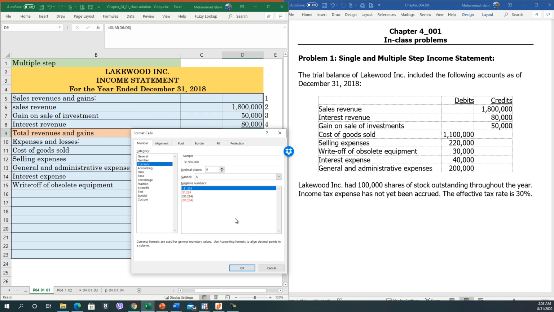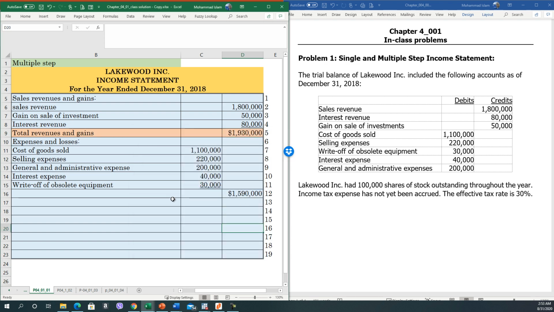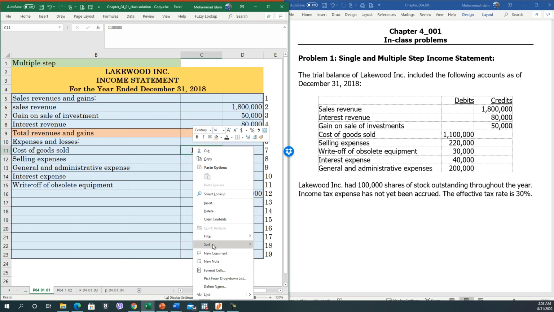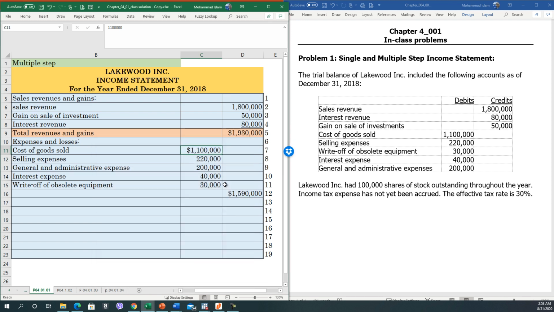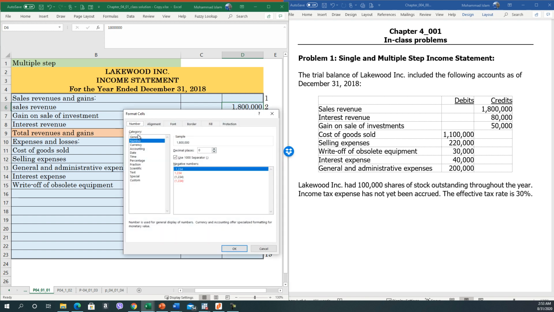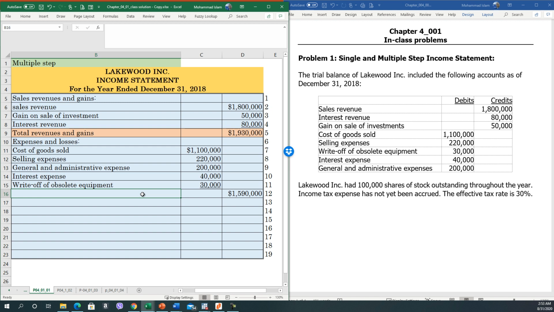Here I also use currency, and the first one should also use currency. So, the dollar sign. What we have now is total expenses and losses. Let's make it a different color.